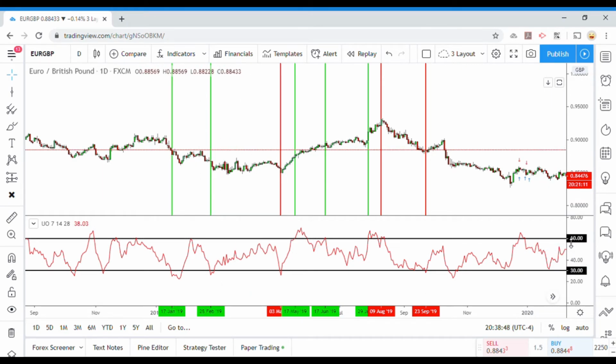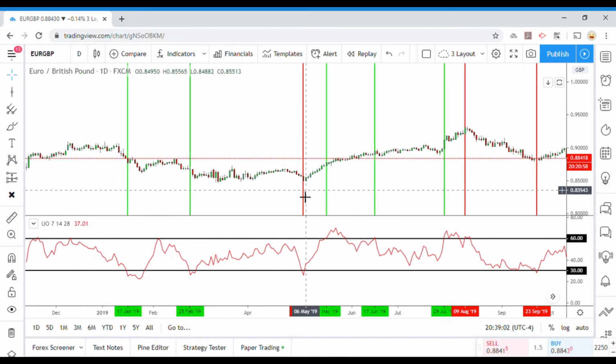It may be a matter of moving this from 60 to 55, and this one from 30 to 35 to get in a little bit sooner.